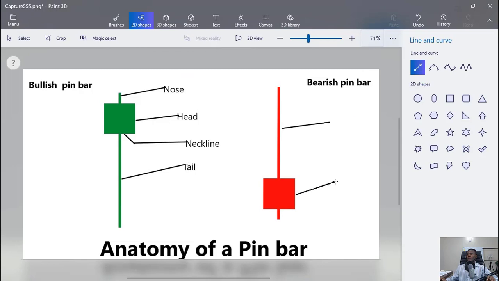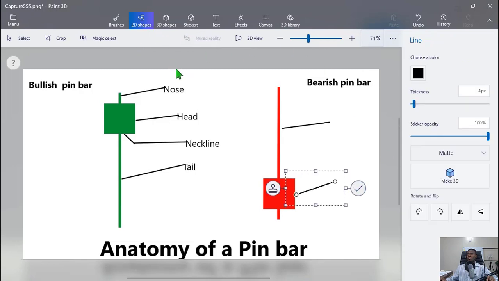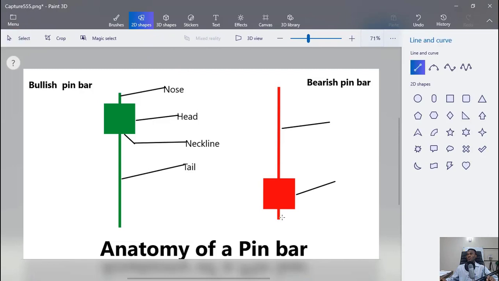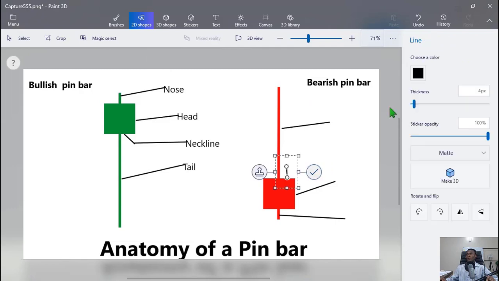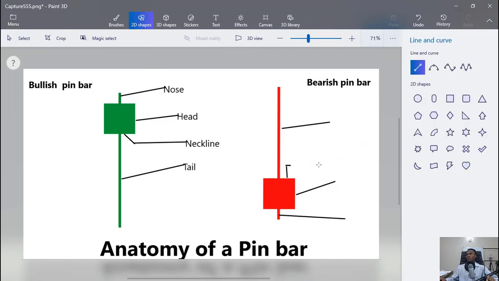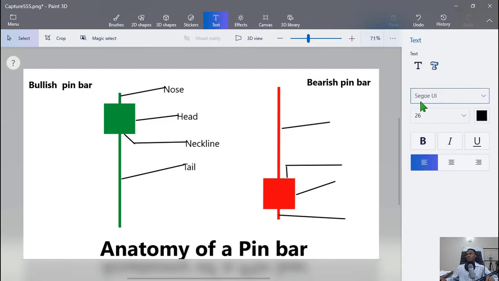Here we have a tail, and then a neckline.